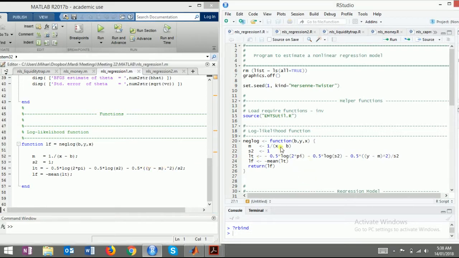You see, in R we don't do element by element, it's not necessary.